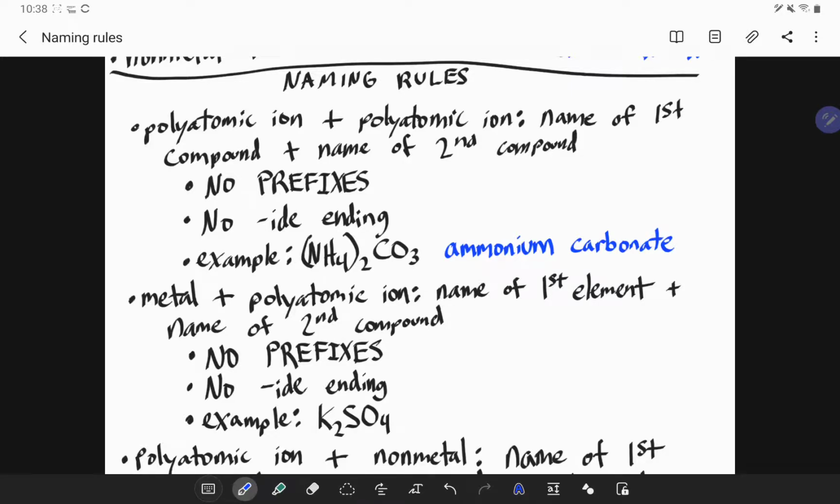Now that I wrote down the first polyatomic ion and the second polyatomic ion, I have solved the question. Ammonium carbonate is the answer to what (NH4)2CO3 is. We are not using prefixes. We are not using the IDE ending. We're just writing down what polyatomic ions we have, and that's all we do for these. So those are my favorite.